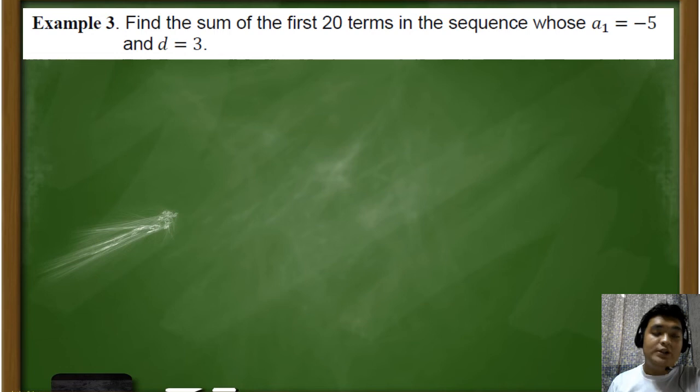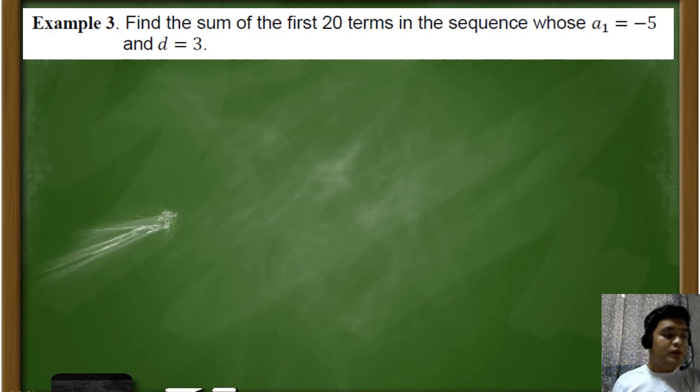Okay, let's proceed now to our next example. In your module, that's the third example, because example 2 has the same process as example 1. So example 3: find the sum of the first 20 terms in the sequence whose a sub 1 equals negative 5 and d is 3. Of course, we don't know the last term, so we will use the second formula.